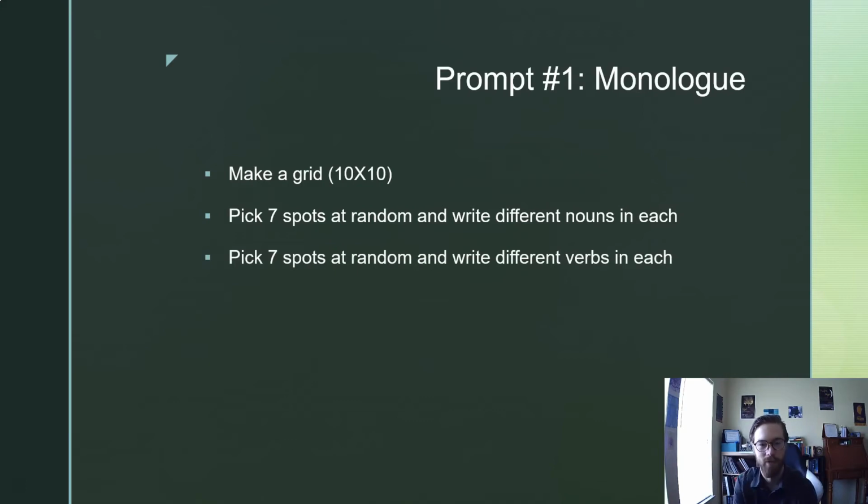Then, once you have those, pick 7 spots at random and put a verb into each. These should be different verbs. You don't need to overthink it, just whatever comes to your mind. We're just filling in a few of these spaces with verbs.